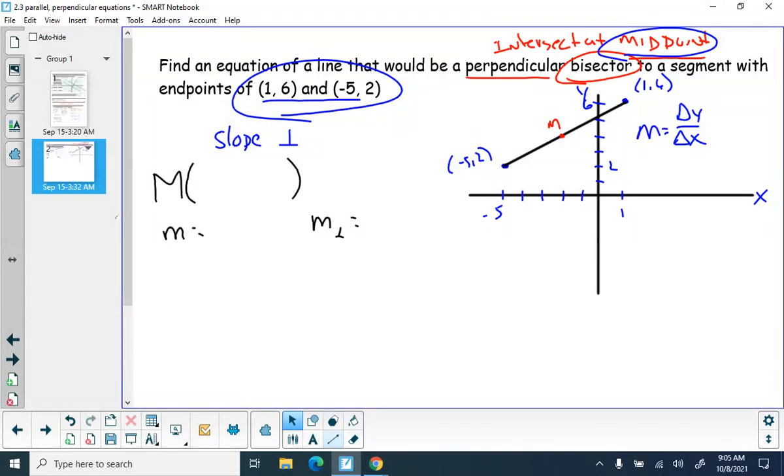And this is utilizing all the things that we have talked about up till now in this chapter. You have to go back to the idea of midpoints, how to calculate slopes, how to deal with perpendicular stuff.